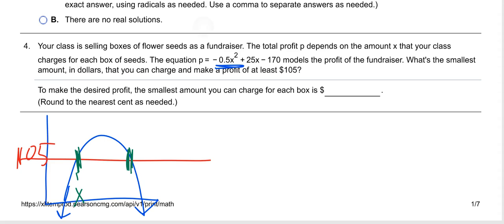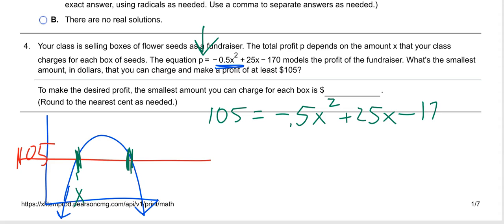What are we going to plug in here for the profit? Please do not tell me 0, because that means you're telling me we want to make $0. 105. 105, thank you very much. In order to use the quadratic formula, what am I going to have to do with this number?